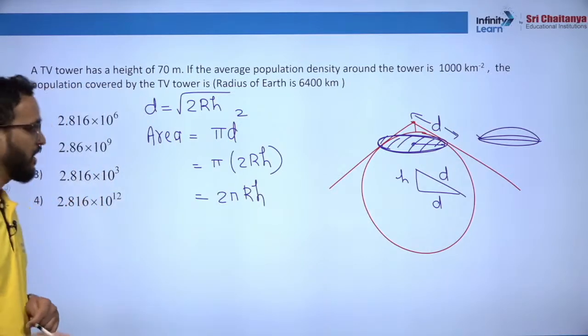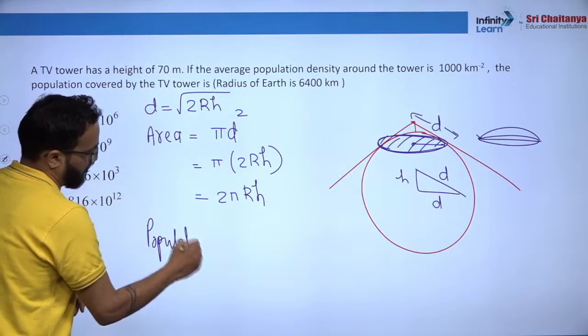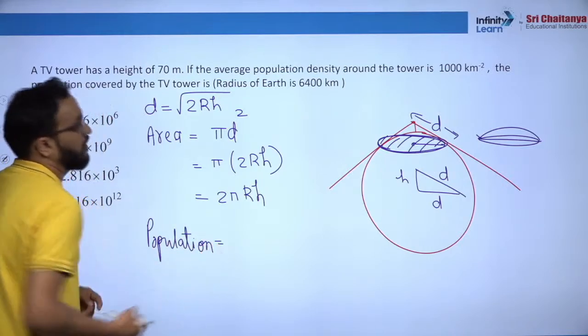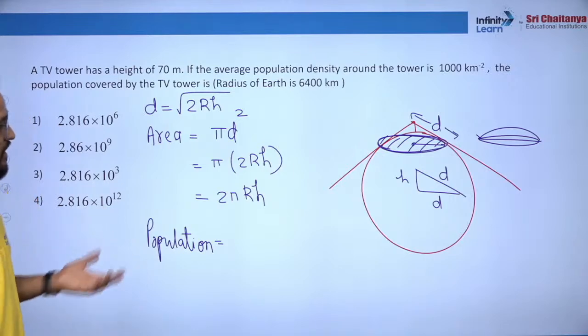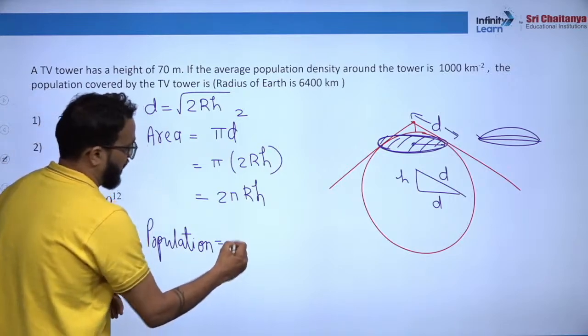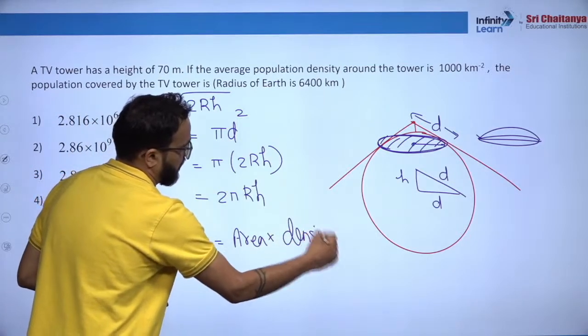This is the area. The total population that will be hearing this particular frequency, or the range from this tower, will be area into population density.